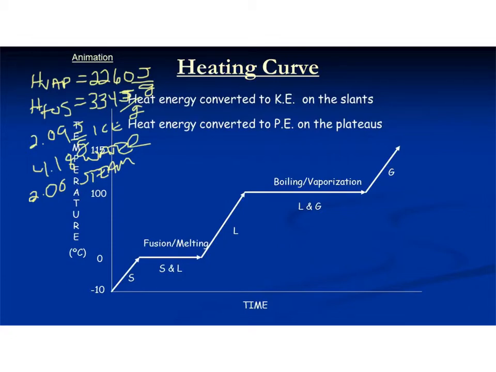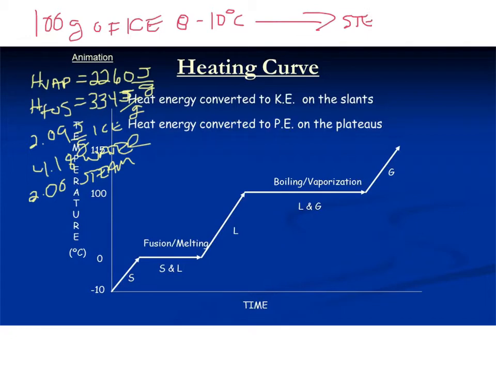For demonstration purposes, we're going to take 100 grams of ice at minus 10 degrees C and convert all of that to steam at 115 degrees C. I've given you a lot of the variables and constants that we need over here, so let's use our approach.